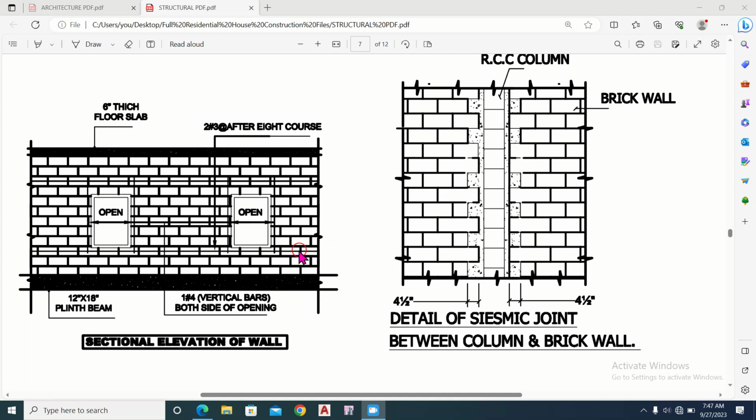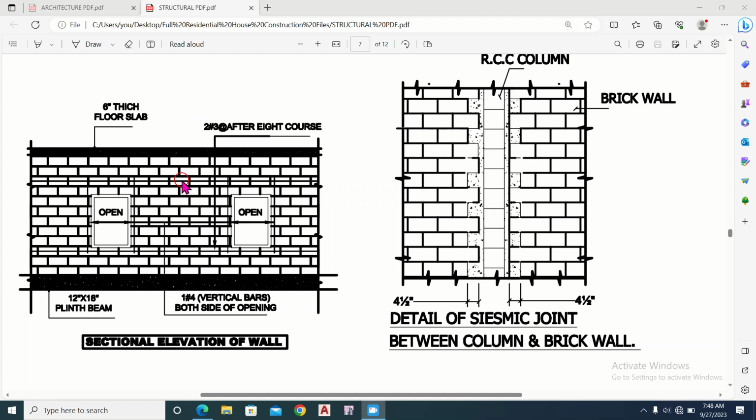So we have to provide these two bars after each eighth layer of the brick masonry, as we have provided here, and then after the eighth layer of the brick masonry we have provided another two number 3 bars here.